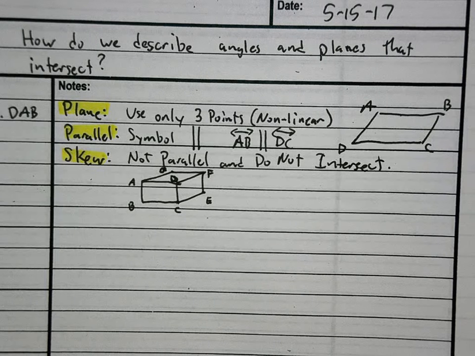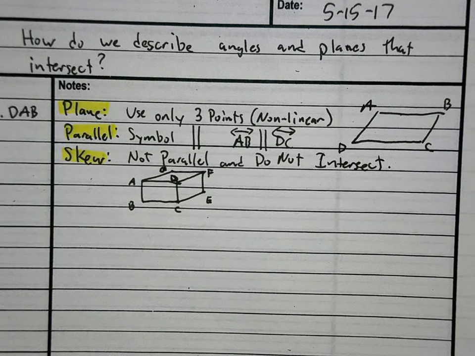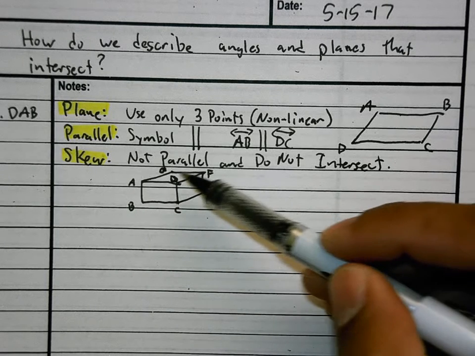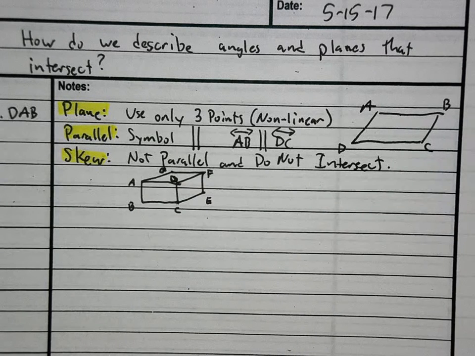Yes? Do you not use the one at the bottom? I'm not drawing the bottom at this point. A, B, C, D, E, F, and then back there is G.